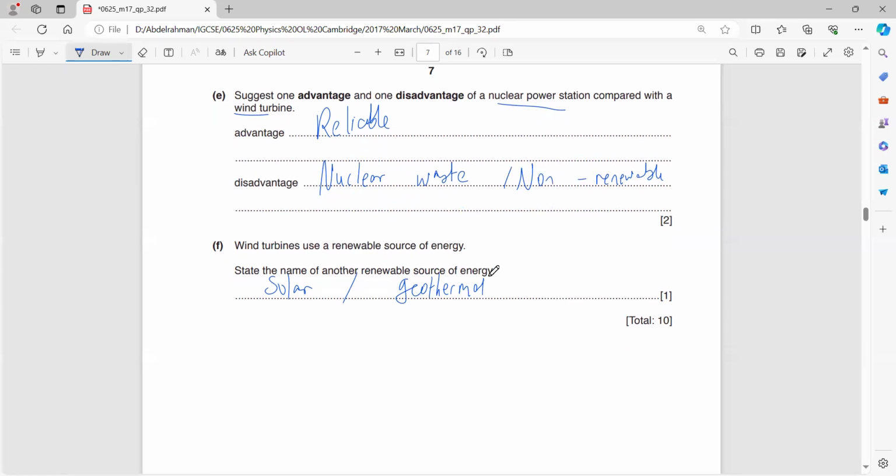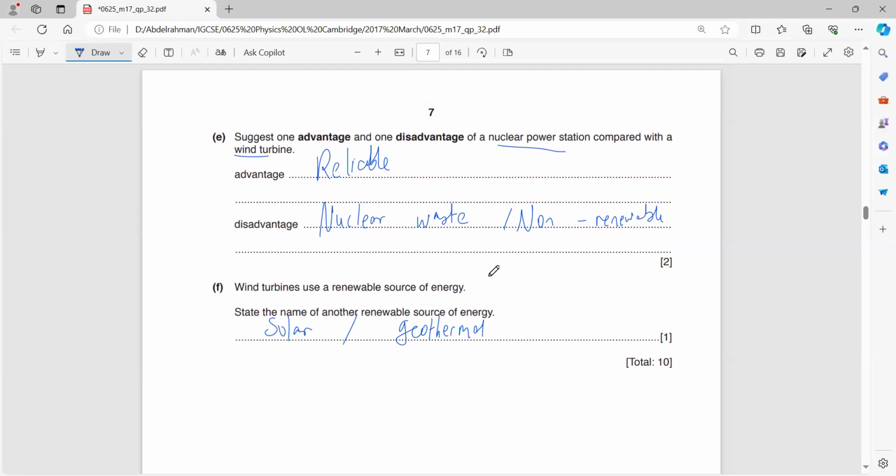Advantage that there is no pollution. Well, both of them are kind of polluting, so let's try to avoid saying that the advantage is that there is no pollution. Noisy as the advantage of the nuclear?